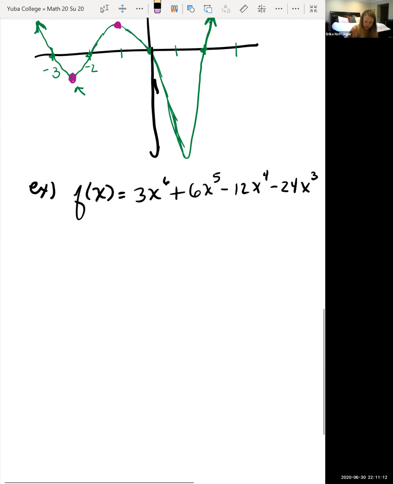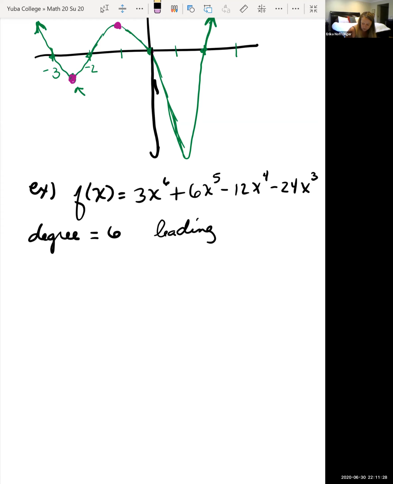So from here, we can tell what the degree is. It's 6. We have an even degree, so we know it's going to be shooting both upwards or both downwards. We can see that our leading term is 3x to the 6.